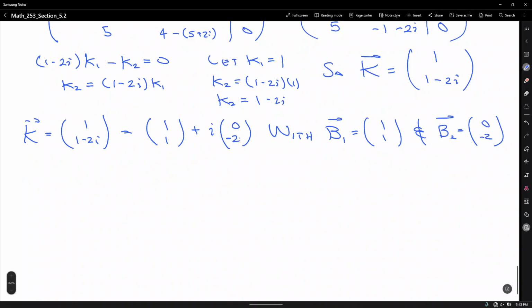So x, what is that? X equals, let me write the big formula first.